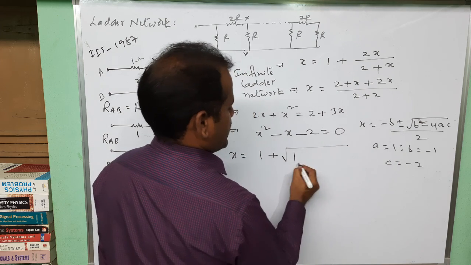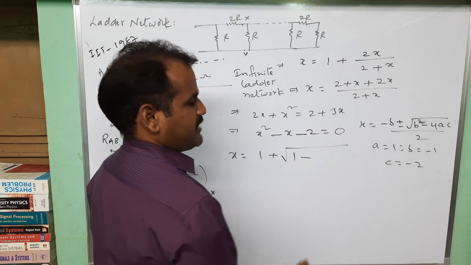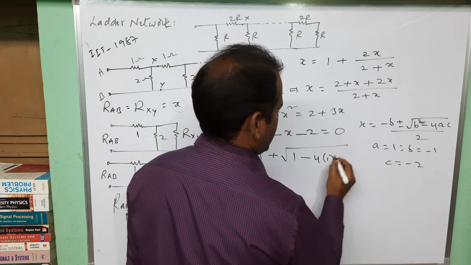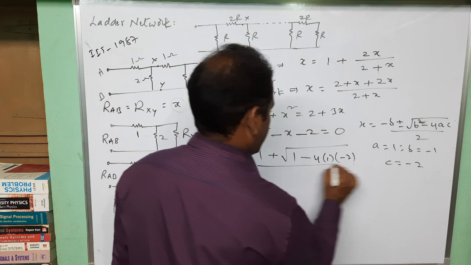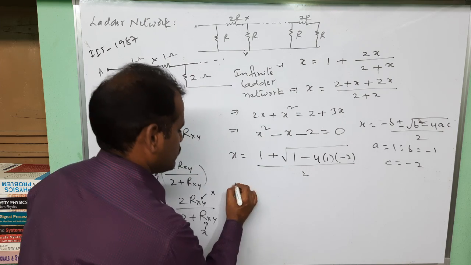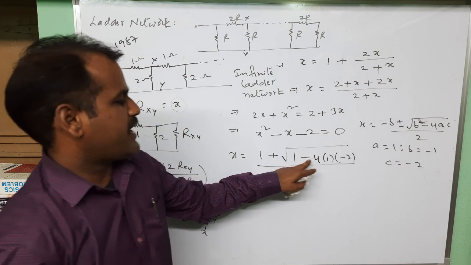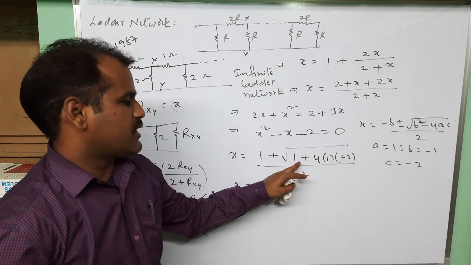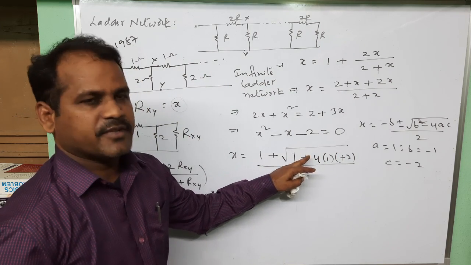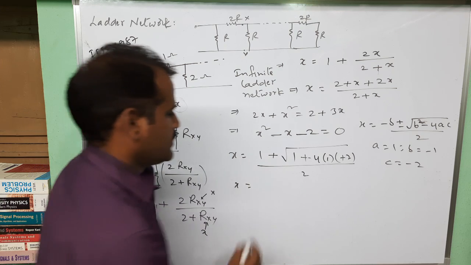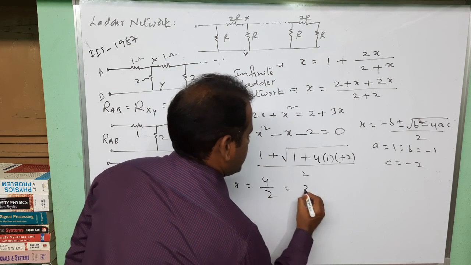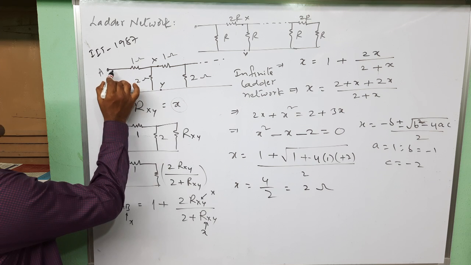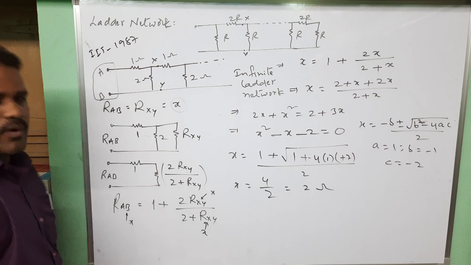Minus 1 square is 1 minus 4ac, so 4 into a value 1, c value minus 2, divided by 2. Minus minus we can write as plus. 4 into 2, 8. 8 plus 1, 9. Square root of 9, 3. 3 plus 1, 4. 4 by 2, that is 2 ohms. So across these two terminals, the final resistance is 2 ohms.